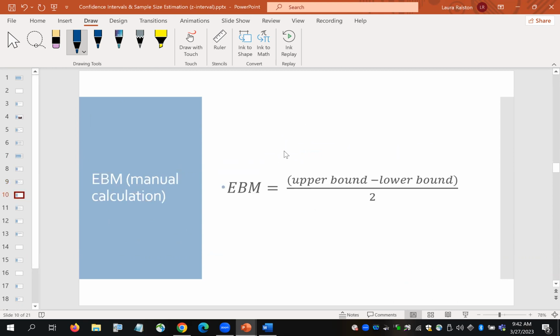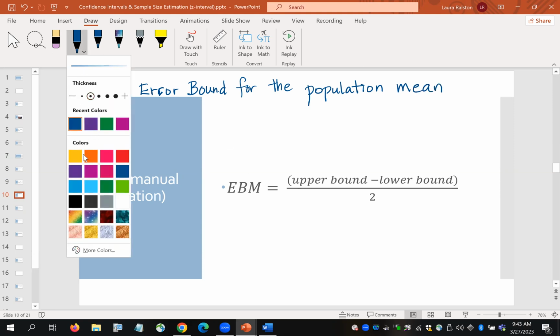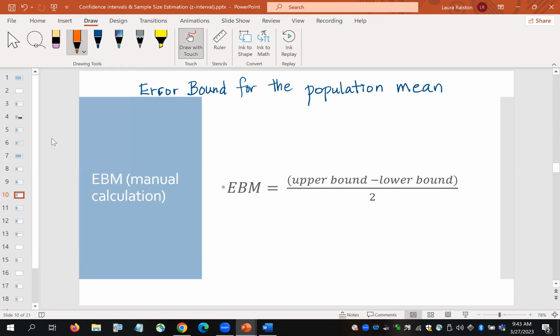One of the manual calculations that you have to do related to the confidence intervals is the error bound for the population mean. Remember, error bound for the population mean, that EBM, which is the fancy-dancy statistical term for margin of error.